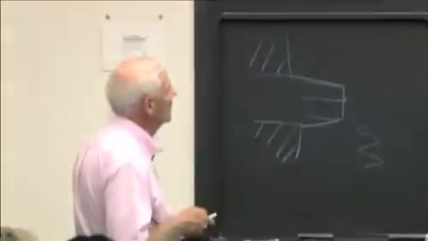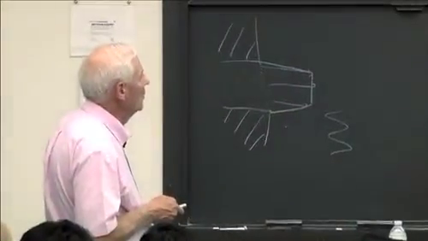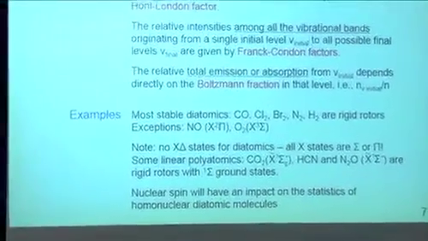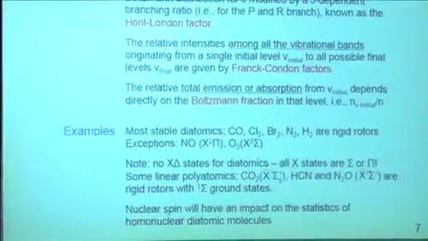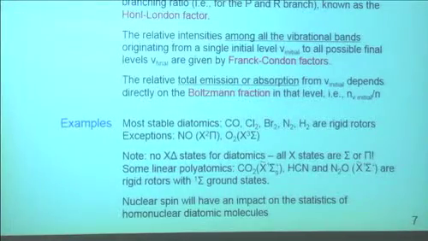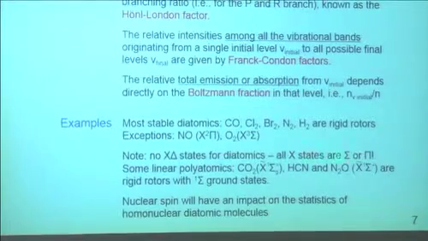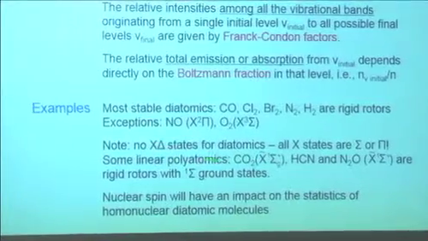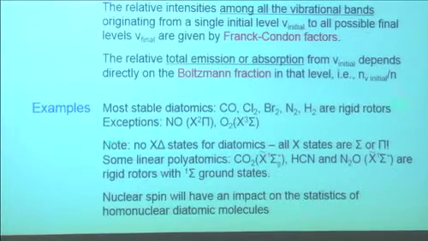As far as I know, there are no ground state diatomics that have delta. So in other words, that lambda value is either 0 or 1. The 2's don't seem to exist for ground states of these molecules. So that's kind of nice to know.